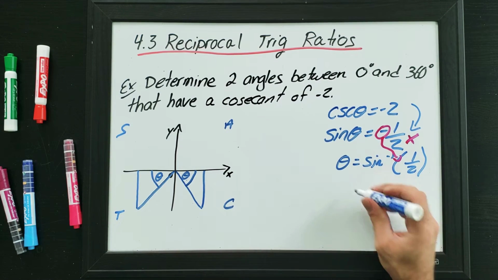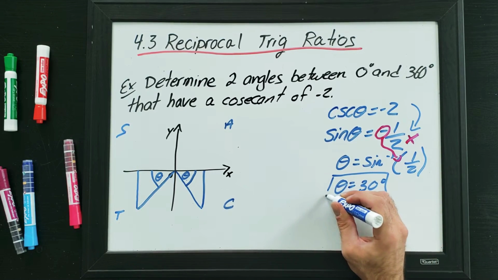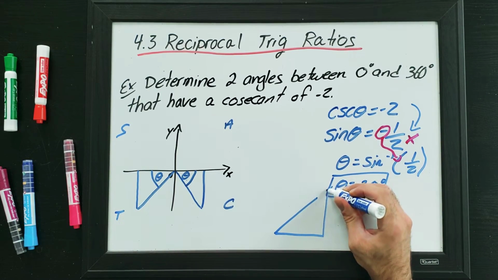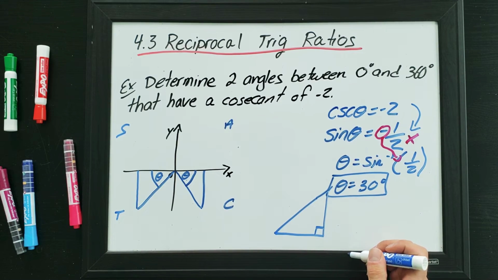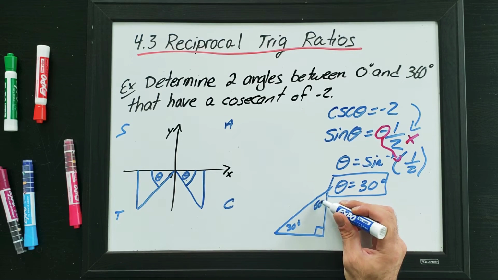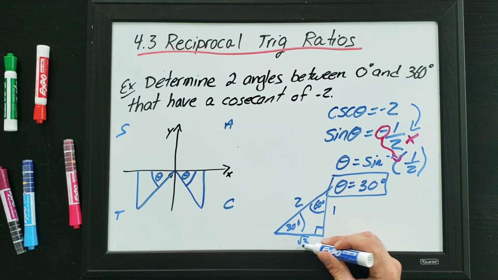What am I talking about? Let's draw that special triangle. Okay, so this is the 30 degrees, 60 degrees. This is 2, this is 1, this is √3.